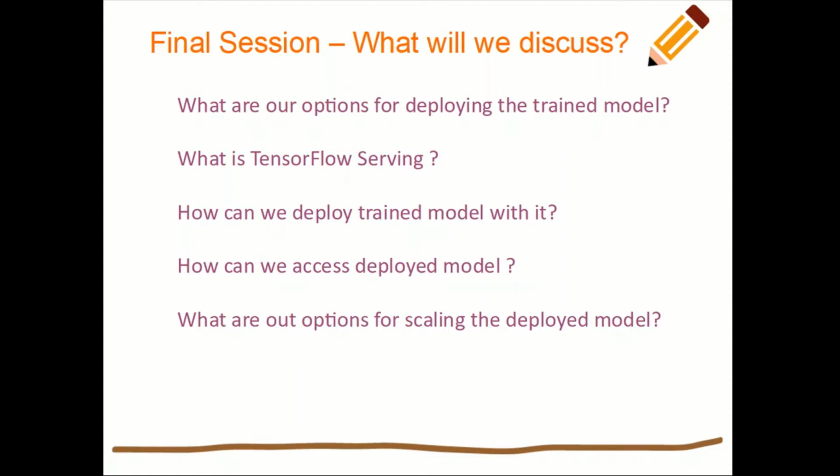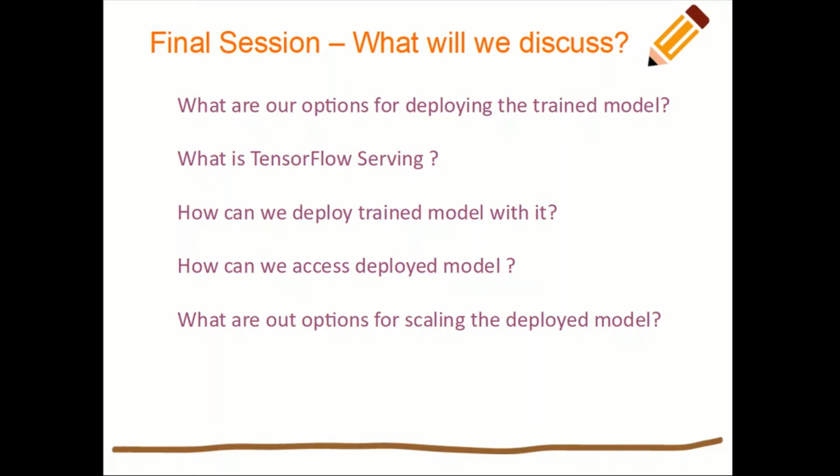More specifically, we are going to talk about TensorFlow Serving, which is going to help us deploy our model, and how we can access the deployed model. The whole purpose of deploying the model, and for that matter training the model, is to use it for some business use.